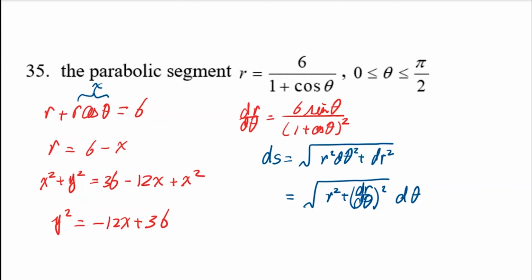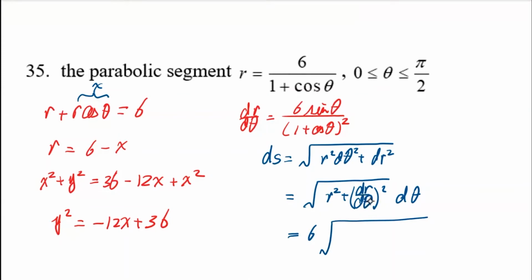Okay, so this ds now is equal to, shove that in. Let's think rationally. R squared, so we have that thing squared, so we have 36 inside, and then we are going to square that thing. We also have 6, so 6 at least is a common factor.